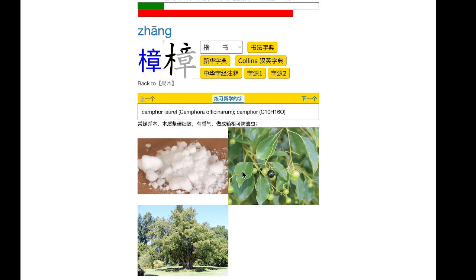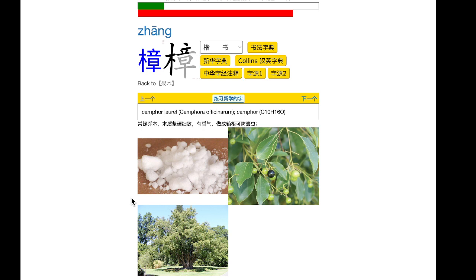So camphor, this is the tree, and this is the leaves and berries, and this is when you extract the stuff. It's like this white, colorless, kind of crumbly crystalline stuff. It's got a cooling quality, so it's used for cough remedies and stuff, cooling bug bites, things like that.